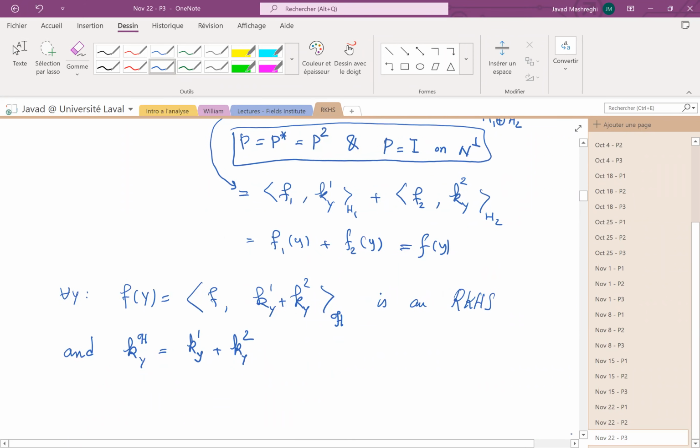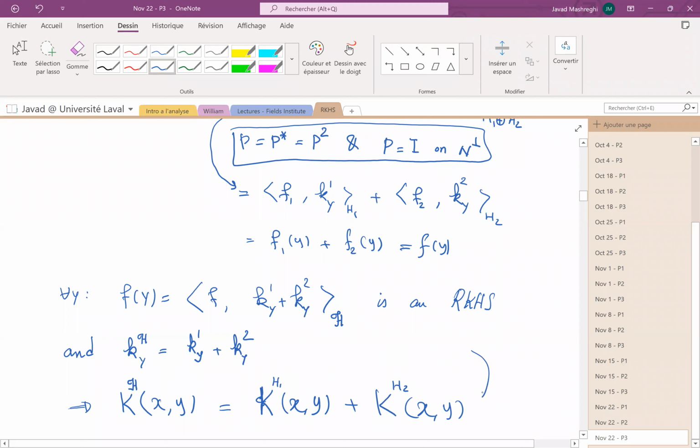Or if you want to evaluate at point x, so k(x, y) for the space H is equal to k(x, y) in the space H1 plus k(x, y) in H2.